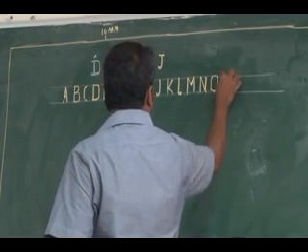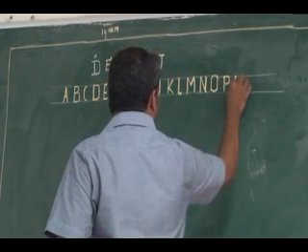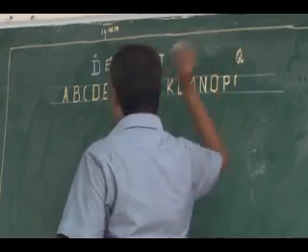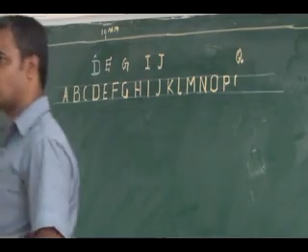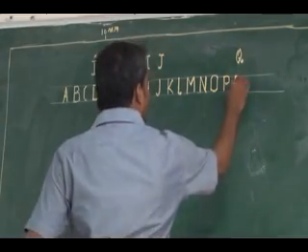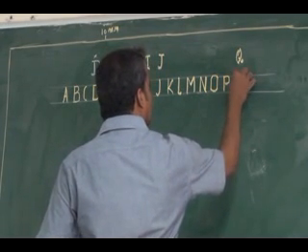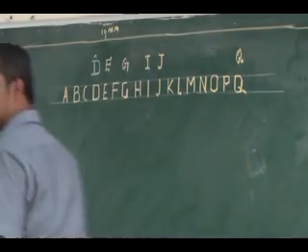P, as usual, you can write it. Q, you have to put O. If you draw an over circle, that is the wrong one, then you will be representing Q. So for Q, you have to show O, and then just a slant line like this.